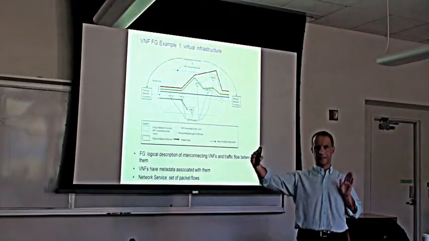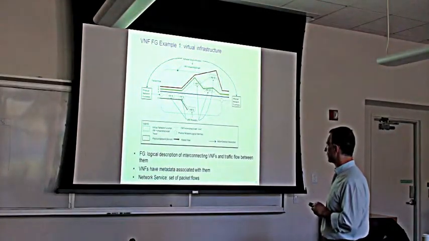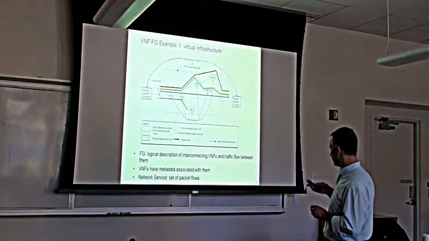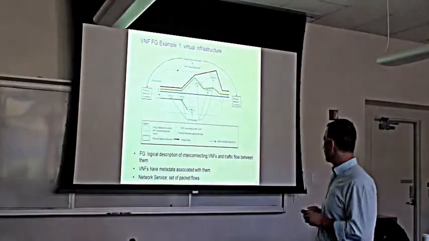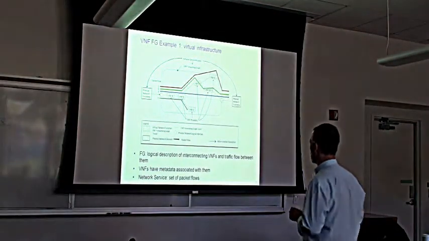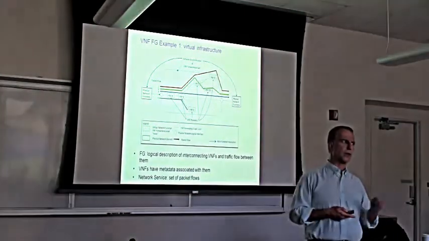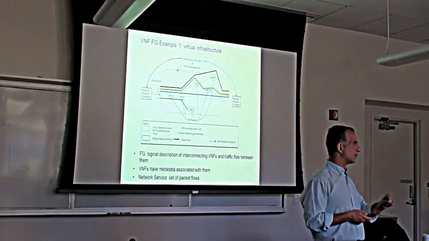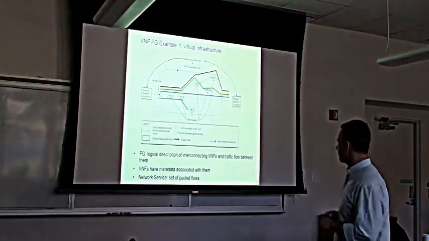That constitutes the composition or chain of VNFs, of the virtualized network functions. Different colors here represent different service chains, if you like. And again, this is totally a virtualized environment. Now, VNFs have metadata associated with them because you may want to identify a VNF. That's an open research problem, actually.